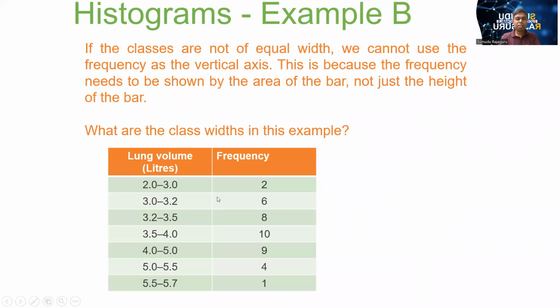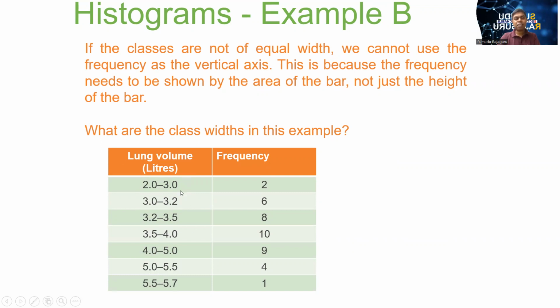In here, just see, this is also continuous data. Why am I saying this is continuous data? It starts from 2, ends with 3. Then the next class starts with 3, ends with 3.2. The third class starts with 3.2, 3.5, 3.5, 4, like that.